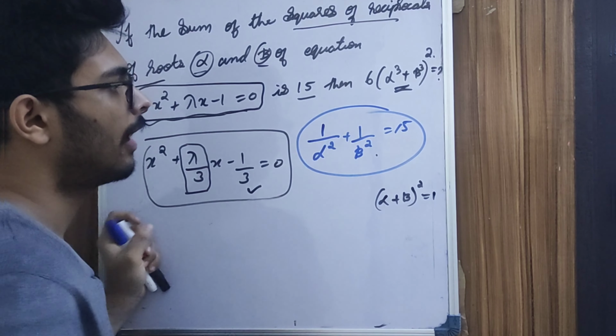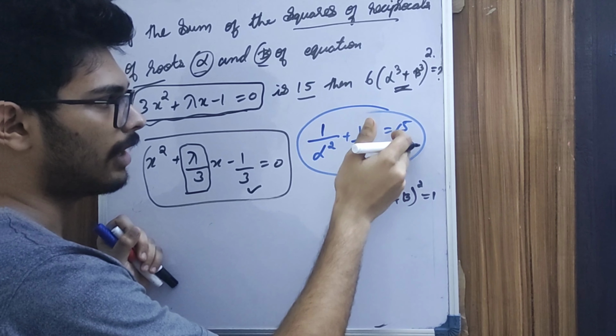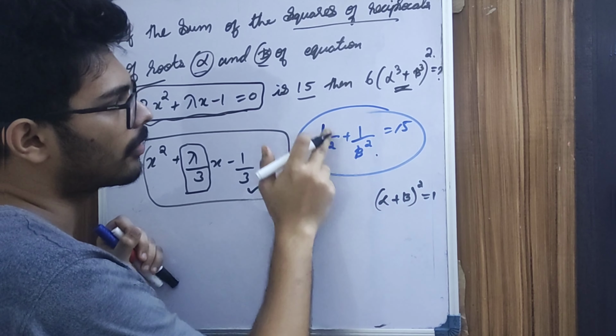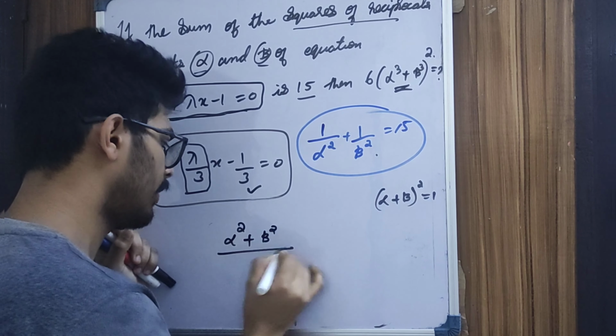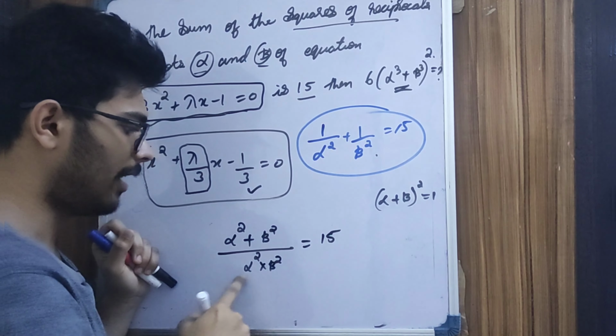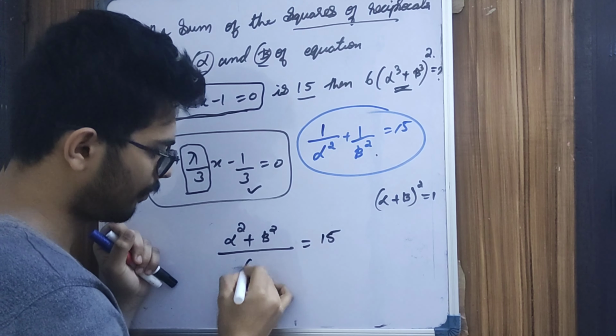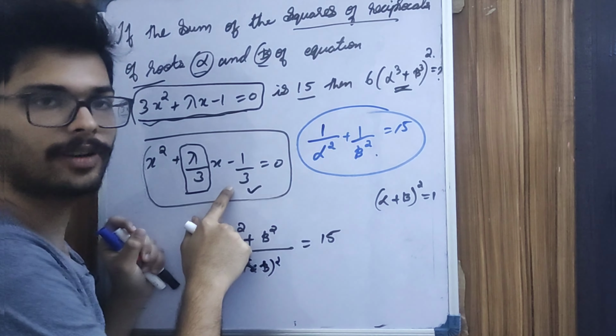Again we need to find alpha square plus beta square. So we can take this quantity. This quantity is already given in the question. So I am cross multiplying this quantity. It will be equal to alpha square plus beta square divided by alpha square into beta square is equal to 15, which is equal to alpha into beta the whole square. What is the value of alpha into beta? Which is minus 1 by 3.